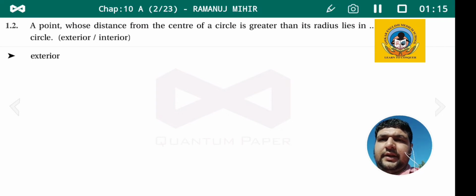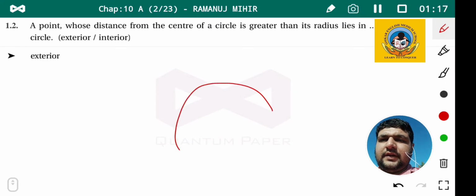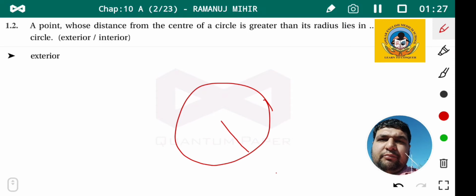As we can see, this is the circle and this distance is known as the radius of the circle. If any point is outside the circle, the distance of that point will be greater than its radius. So it will be on the exterior part of the circle, so the answer will be exterior.